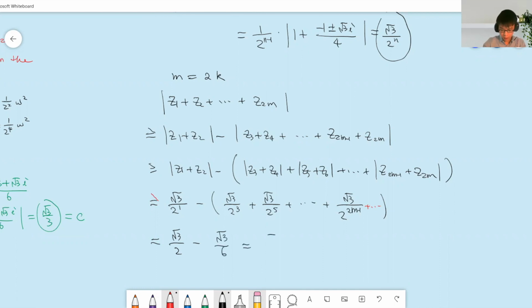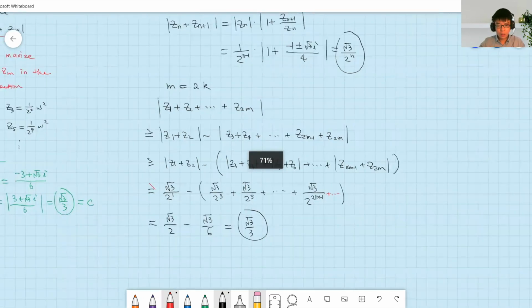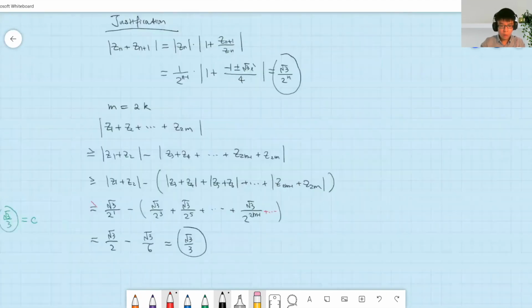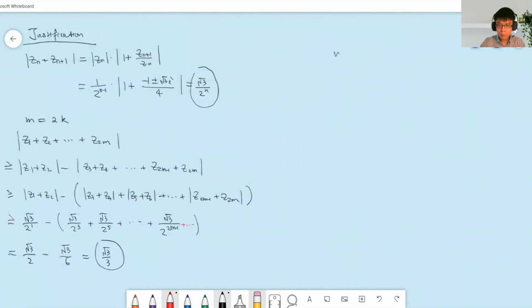So this is exactly √3 over 3. So if m equals an even number, this modulus is larger or equal to √3 over 3. That's true. We also need to discuss m equals odd. If m equals 1, that's very easy, right? If m equals 1, it is just 1, of course larger than √3 over 3.